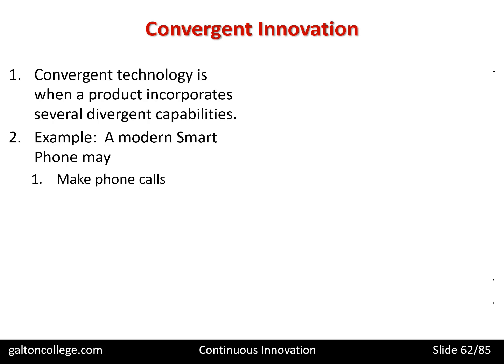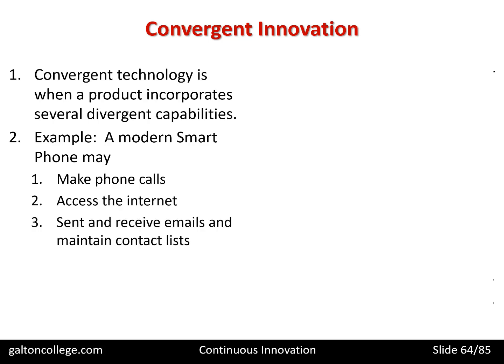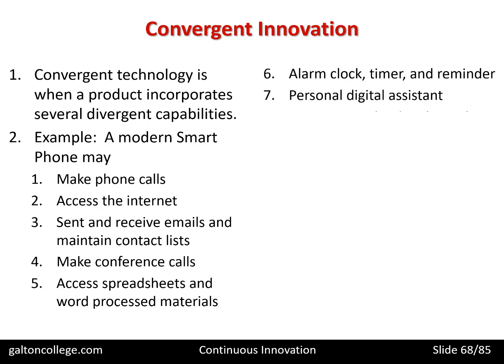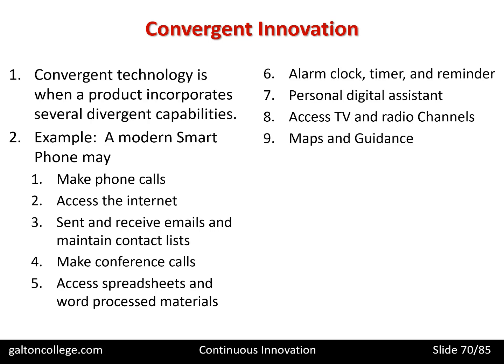Now, it may make phone calls, access the internet, send and receive emails and maintain contact lists, make conference calls, access spreadsheets and word process materials, alarm clock, timer, reminder, personal digital assistant. Nowadays we have OK Google and Cortana and Siri and Alexa. Access TV and radio channels. We can watch television on the phone. Maps and guidance to find our way around. Google Maps, for example.